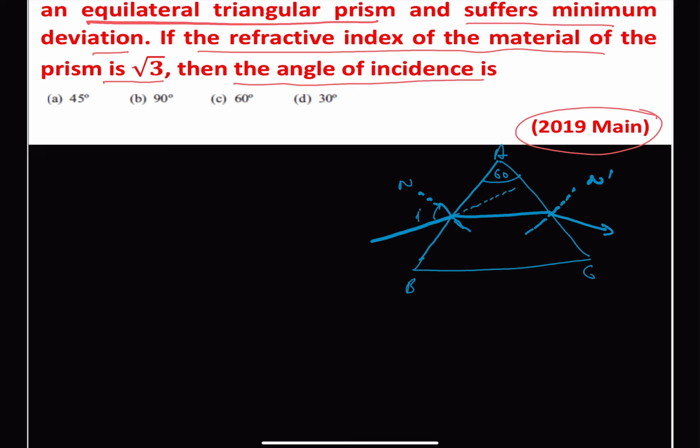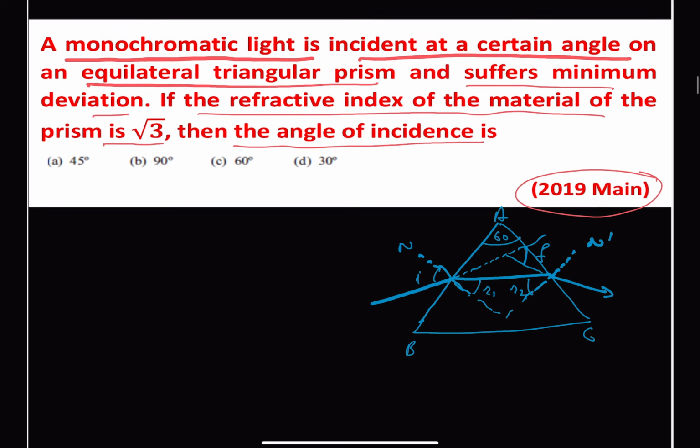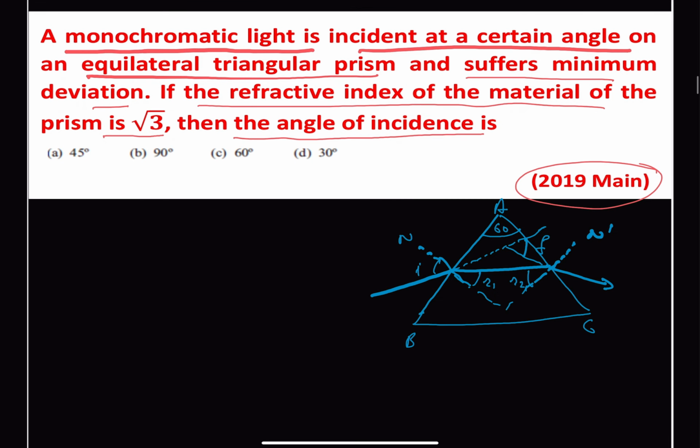We are supposed to mark the deviation, that is delta, and this is our angle R1, and this is our angle R2, and we are supposed to find out that it suffers a minimum deviation.